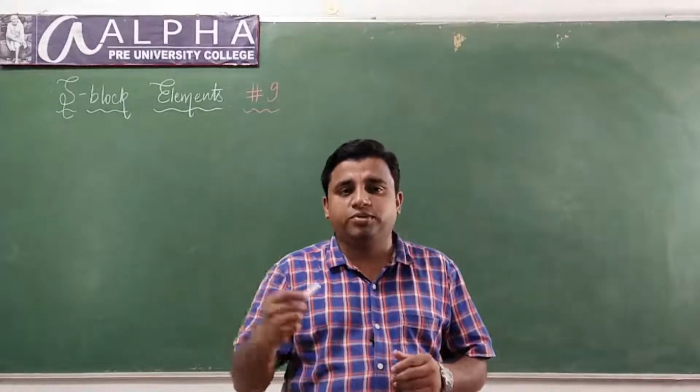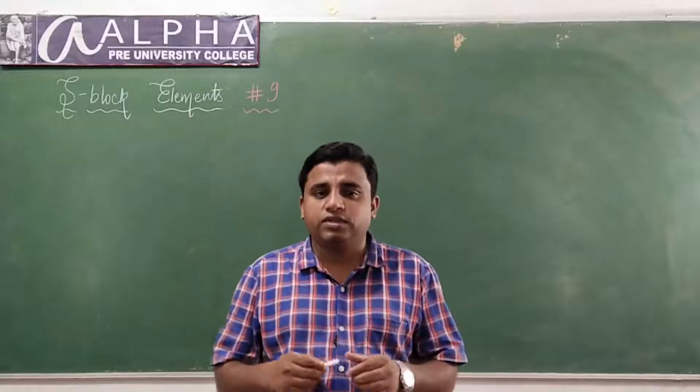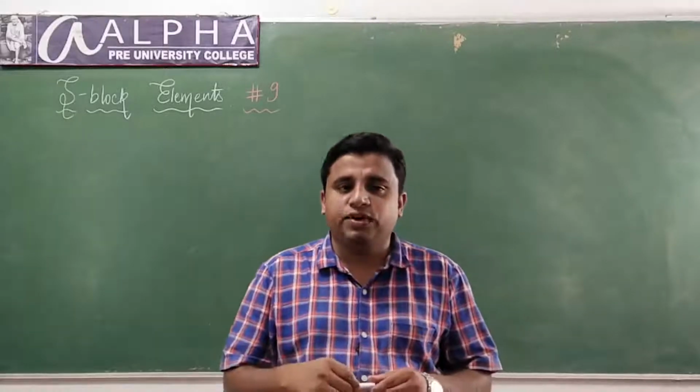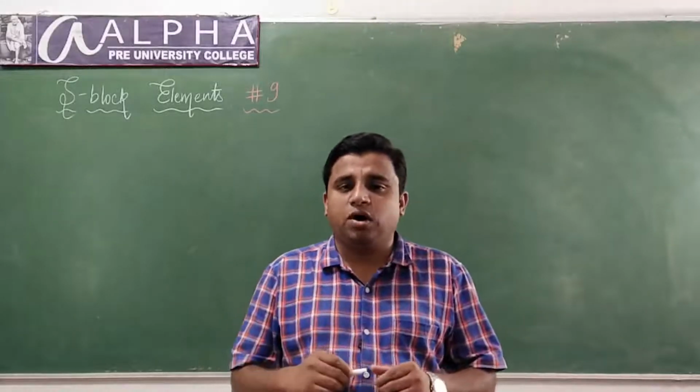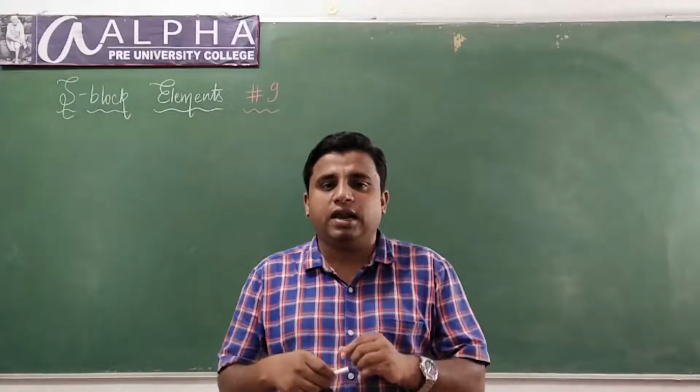Hope you have watched my previous videos. So what were we discussing in the previous video? Yes, we were talking about the different compounds of alkali metals and alkaline earth metals.